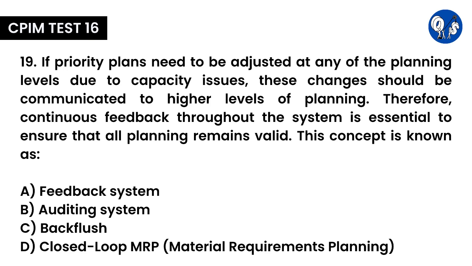Here the correct answer is D. Closed loop MRP is a system that integrates various planning functions such as sales and operations planning, master production scheduling, capacity requirement planning, purchasing, and production activity control. The term closed loop indicates that feedback from execution activities is used to update and validate the planning process continuously.